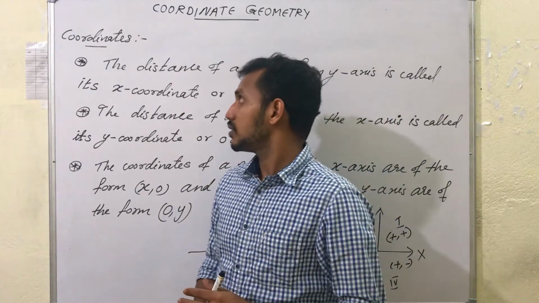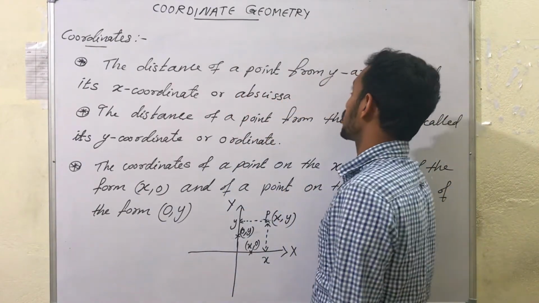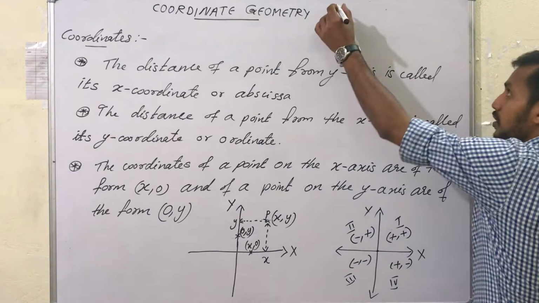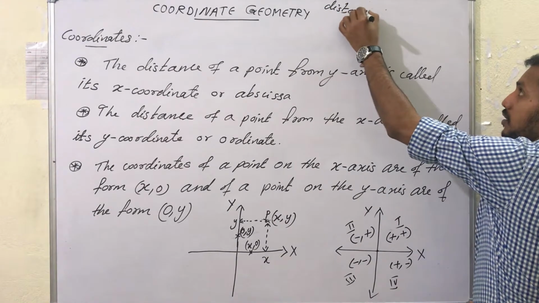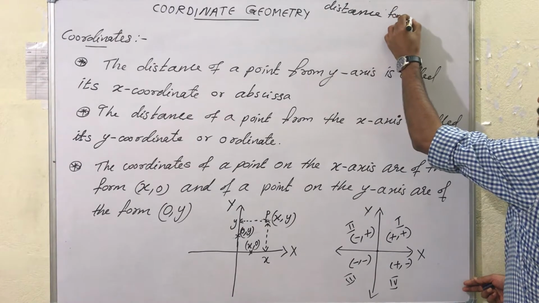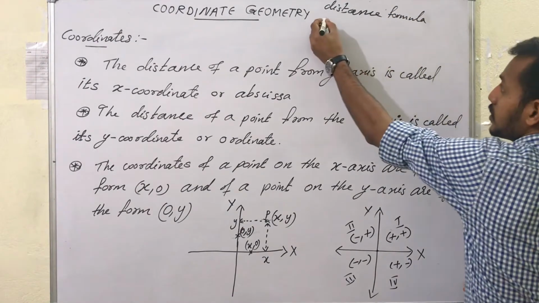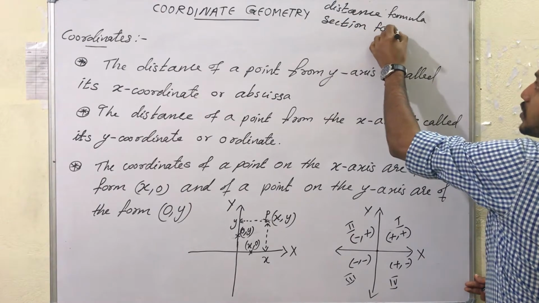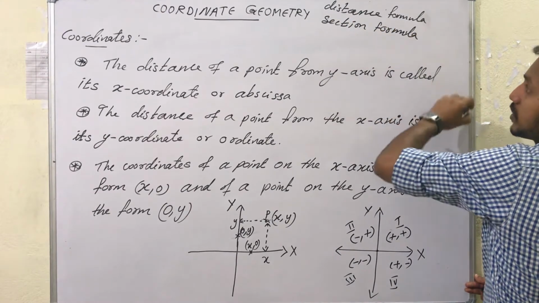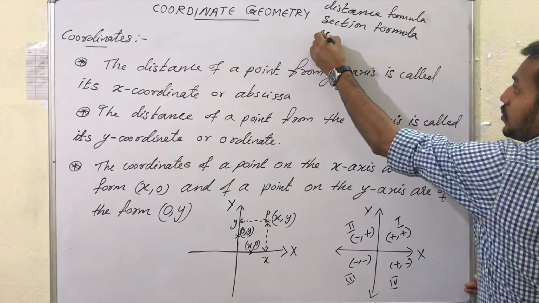In this chapter, we are going to study another 3 topics: the distance formula, the section formula, as well as the area of a triangle.